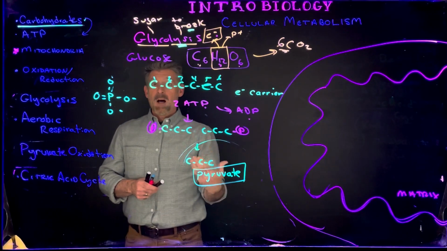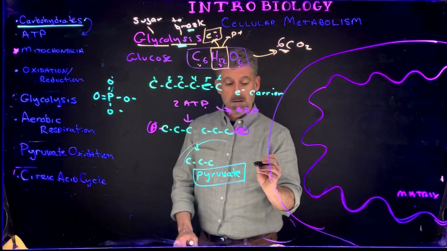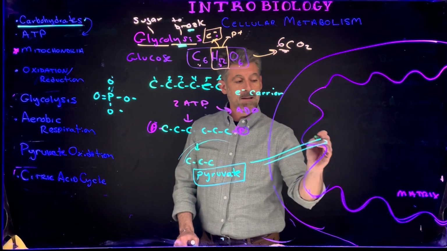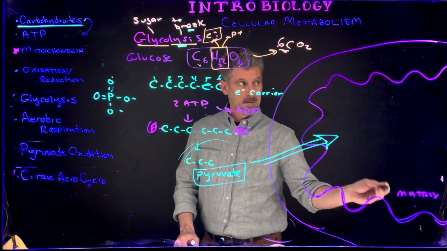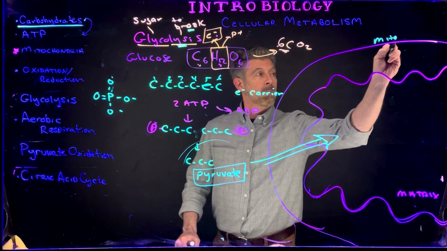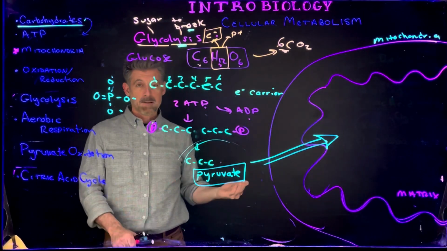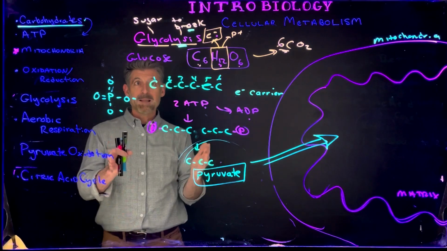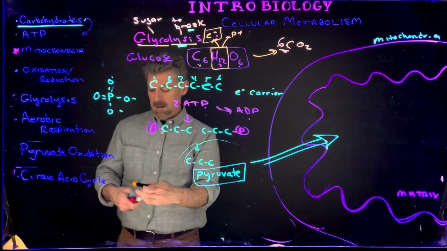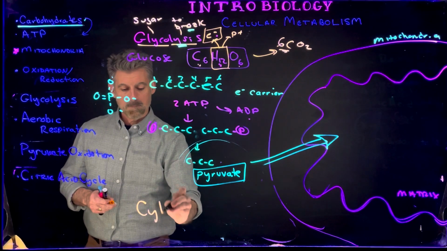And if there's oxygen present, it will be transported then into the mitochondria. And then that's where the next steps will continue. So glycolysis only happens out here in the cytoplasm.